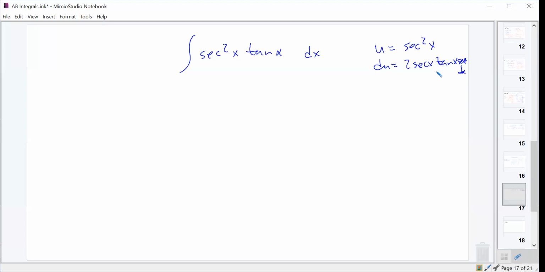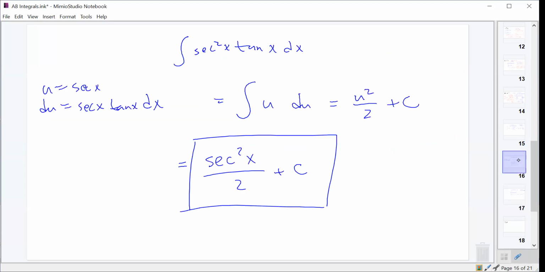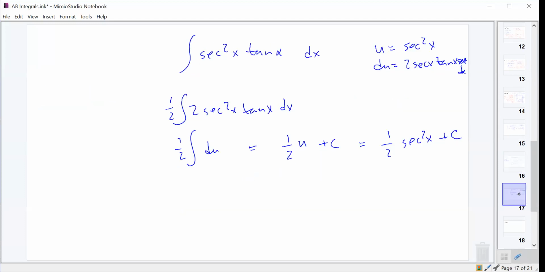That's fine. So we had to do the 2 on the inside, right? And we had to do the 1/2 on the outside. And then we just ended up with 1/2 the integral of du, which gave us 1/2 of u plus our constant, or 1/2 of secant squared x plus our constant. True? Exactly like what we got here. Would you agree?